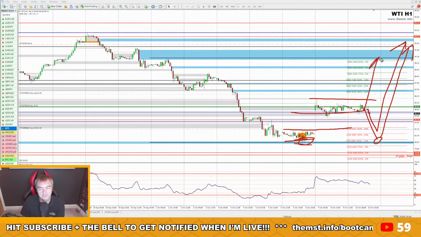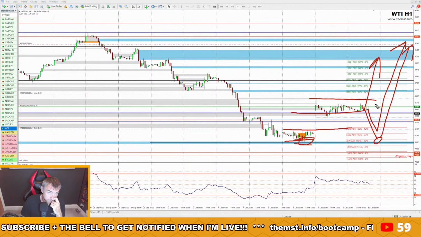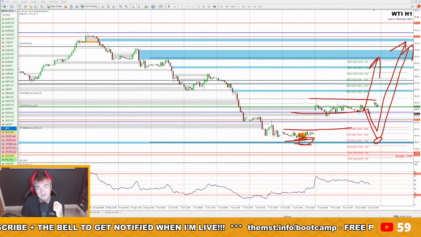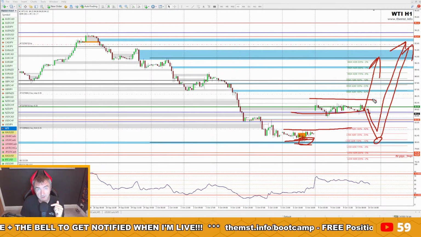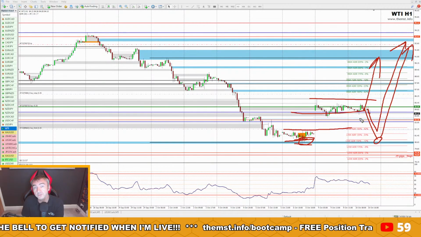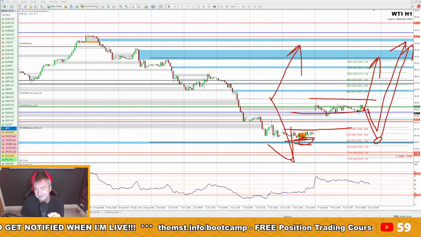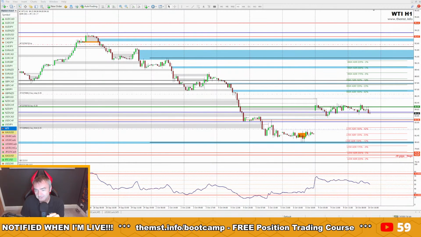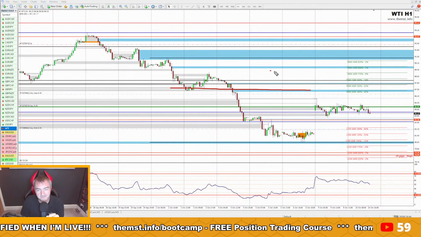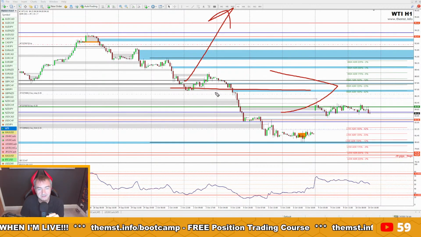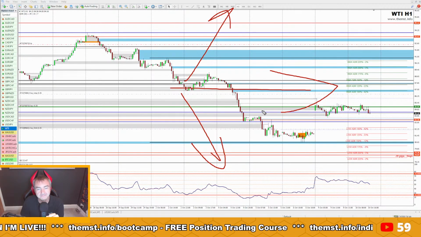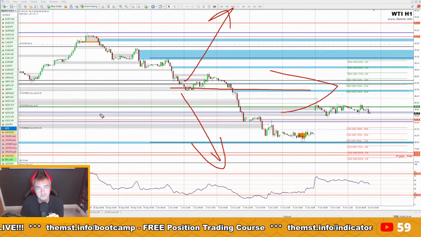If it doesn't come down, it will go up. Sounds really obvious, doesn't it, when you think about it? But literally, that is what it will do, because it only has two things it can do, go up or down. Three constants of trading: price moves through time, and it goes up or it goes down. They're the only three things that ever happen on your chart.